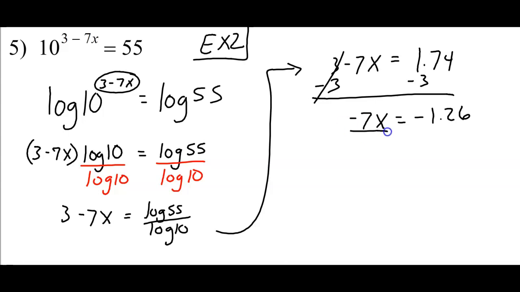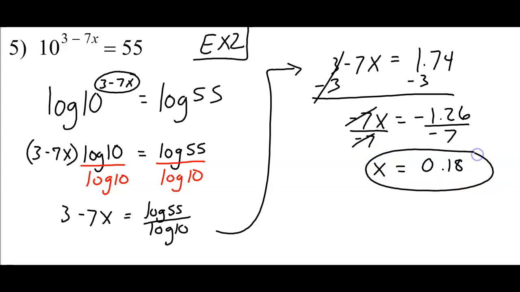And then we're going to divide by negative 7. Once again, I'm just going to use my calculator to do that division because that's a weird number, but I end up with 0.18. So everything was identical.